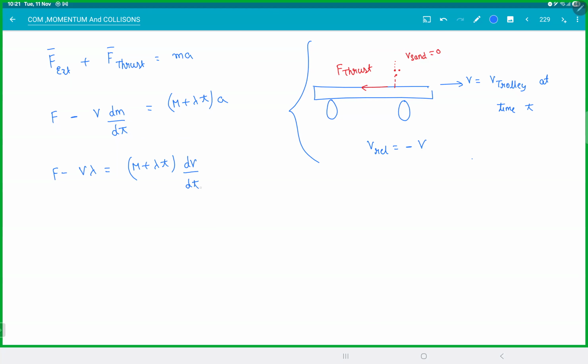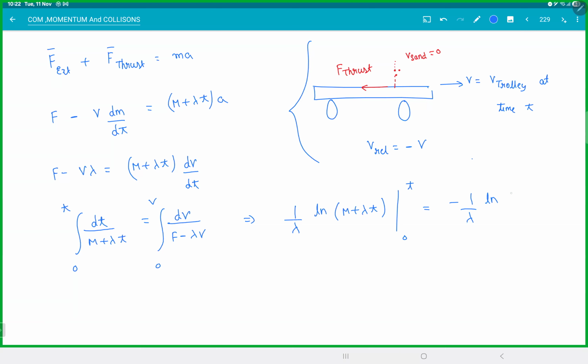Bring all V's to one side and dt's to one side. This will be dt by m plus lambda t, and this will be dV by F minus lambda V. Integrate on both sides. This will go from 0 to t, this will go from 0 to V. This is 1 by lambda ln of m plus lambda t from 0 to t, is equal to minus 1 by lambda ln of F minus lambda V from 0 to V. Lambda goes off.